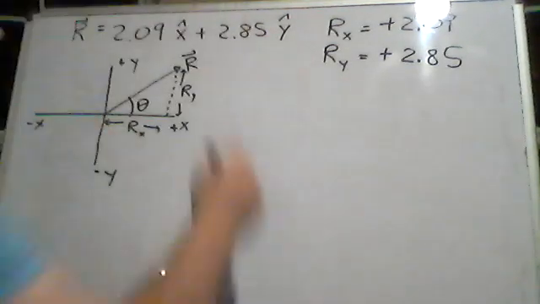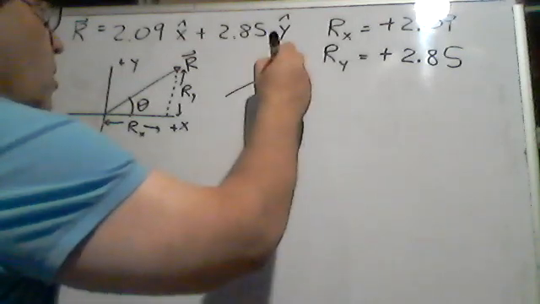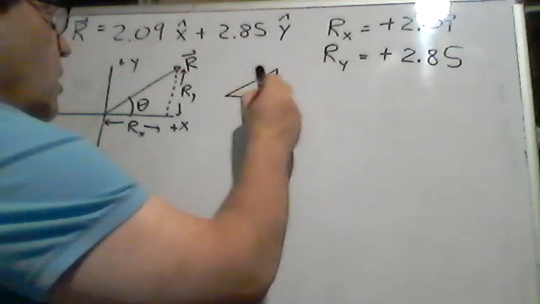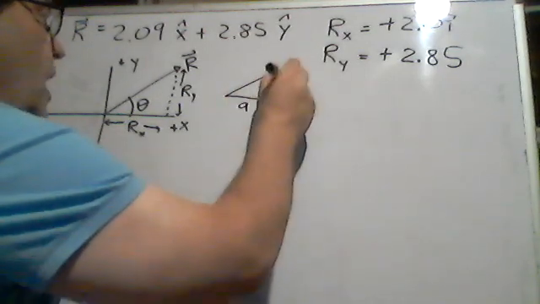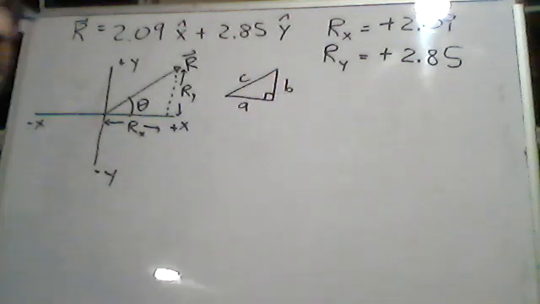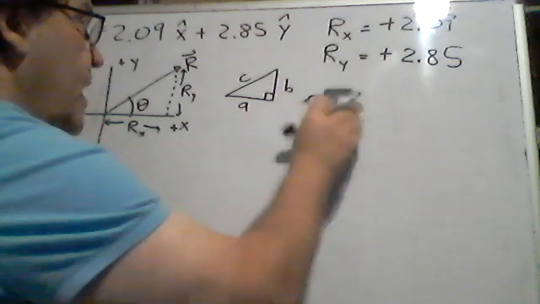Remember the Pythagorean Theorem. I kind of went over this probably fast, but remember back in your geometry days, if you have a right triangle, length a, length b, hypotenuse c. Remember the Pythagorean Theorem? Again, we've got to make sure we get enough math review in.